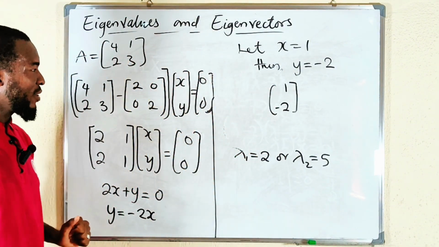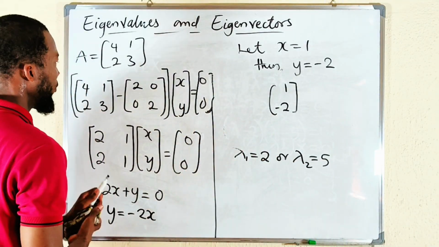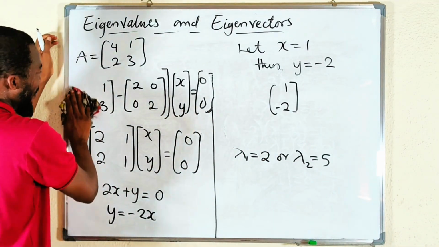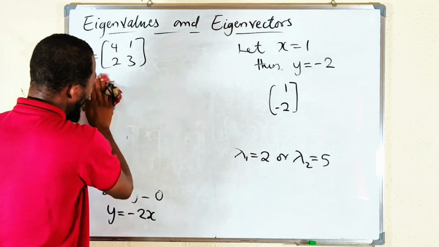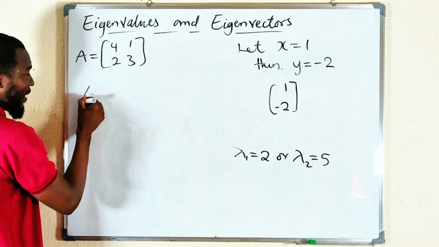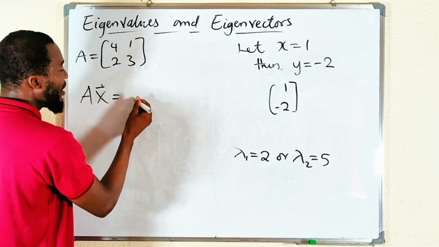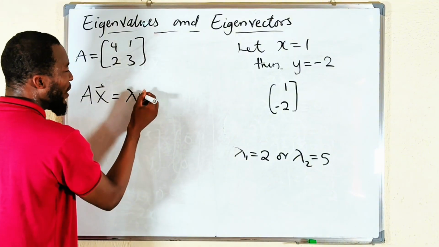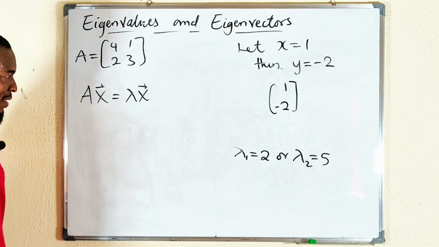of the same matrix. But before we talk about the other eigenvalue, which is 5, let's confirm whether this is true. From the first definition, we have learned that if you take that matrix A, you want to transform the vector x, it is equivalent to taking that eigenvalue and transforming the same vector x.